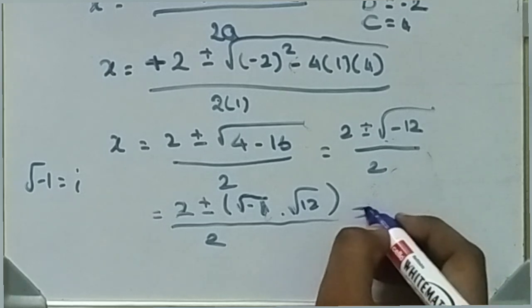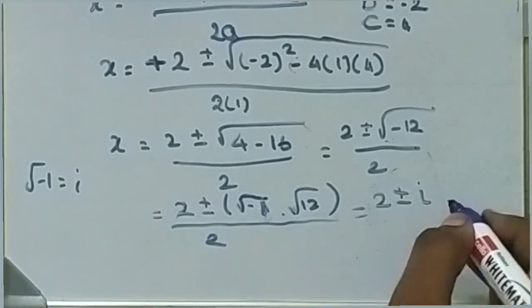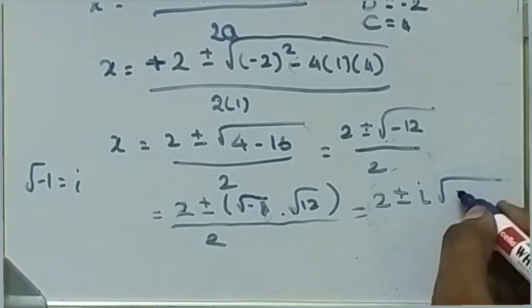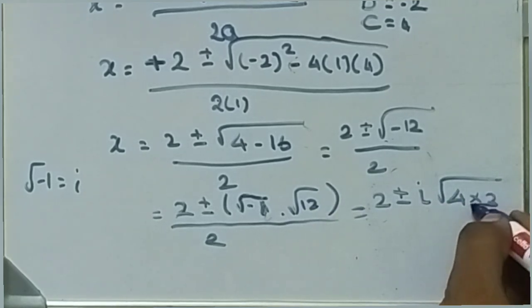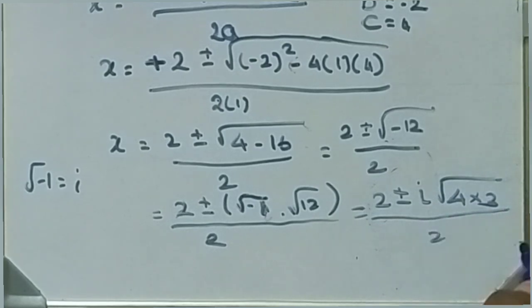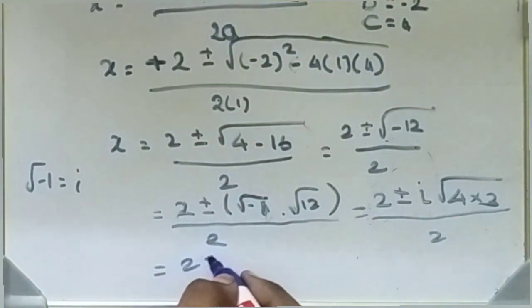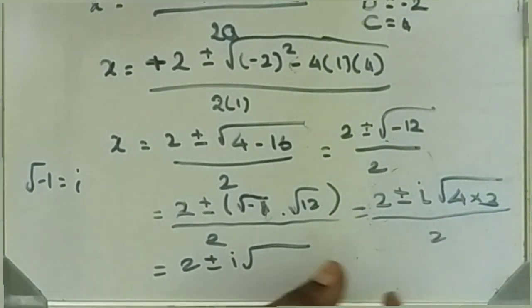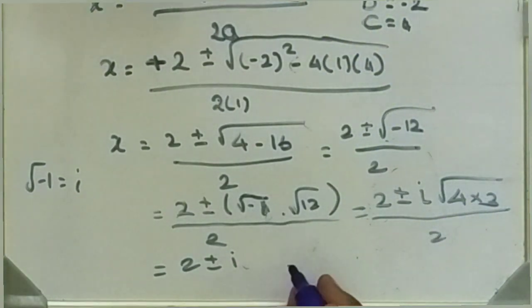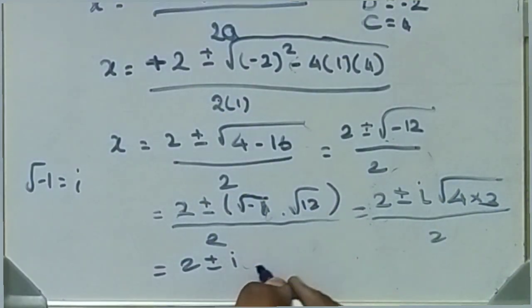So which equals 2 plus or minus i. I am again rewriting root 12 as root of 4 multiplied by 3, divided by 2. Clear? Clear. So 2 plus or minus i multiplied by, if we take 4 outside the root, what is the value of root 4?